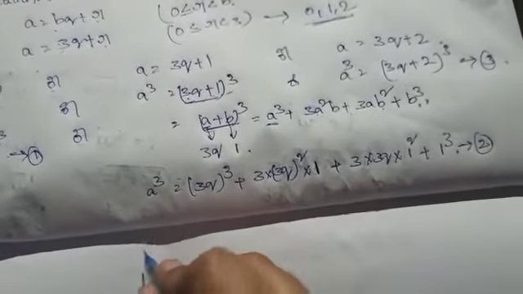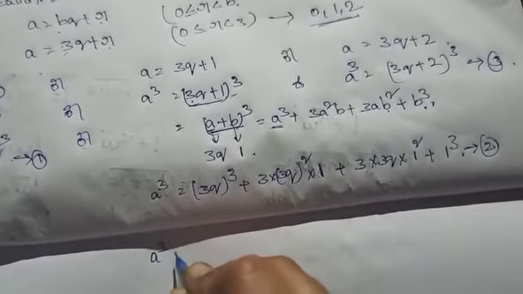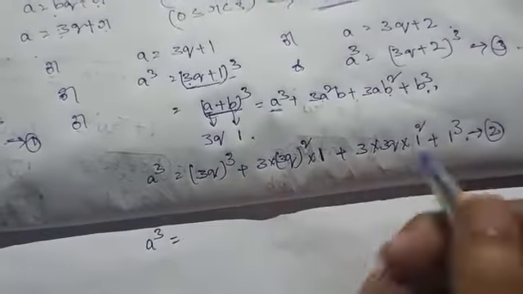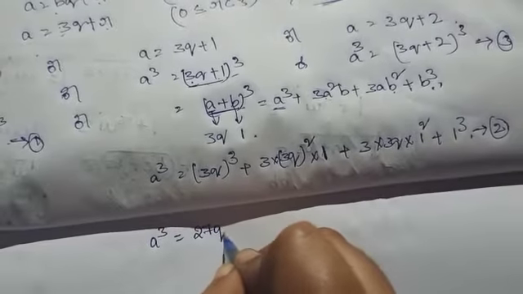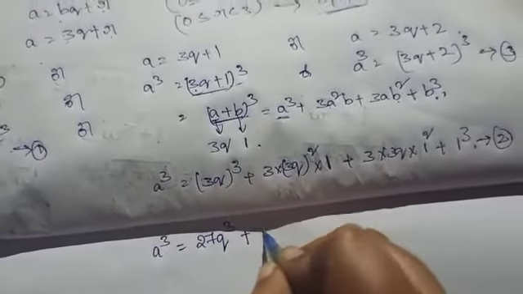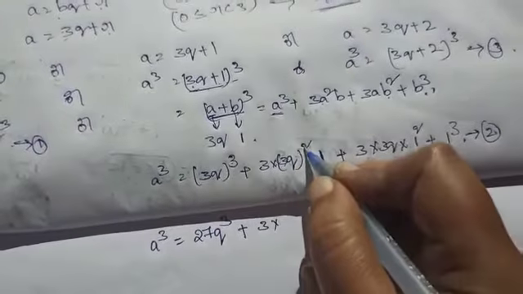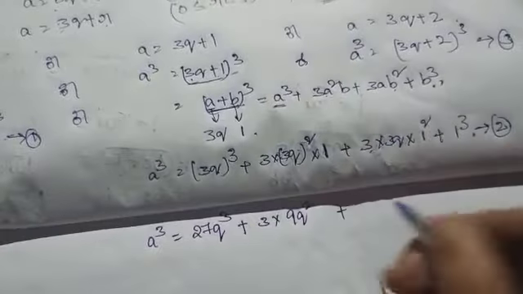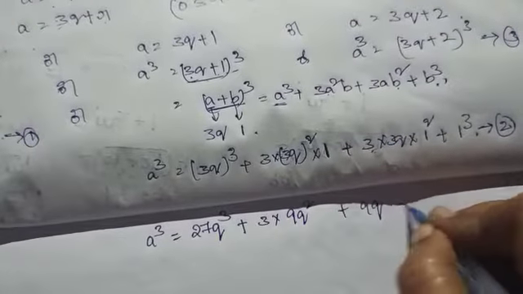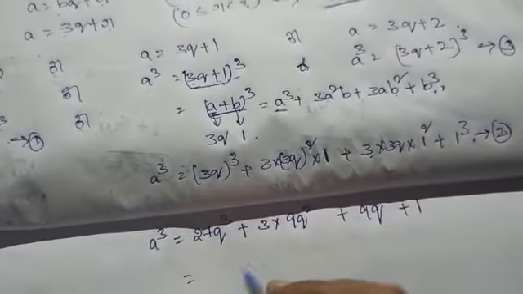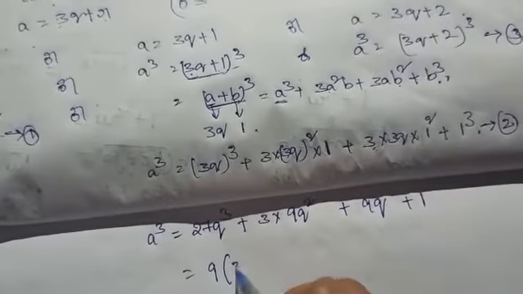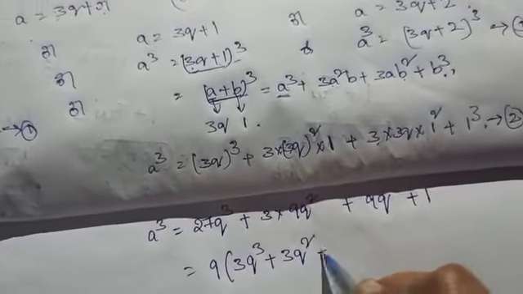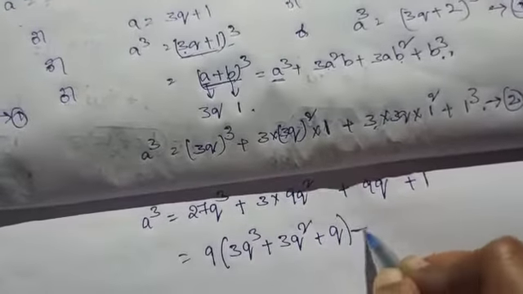So here a cube equals 3q whole cube, that is 27q cube, plus 3 into 9q square plus 3 into 3, 9q, plus 1. Here 9 is common: 9 times 3 is 27, so 3q cube plus q square plus q, plus 1.